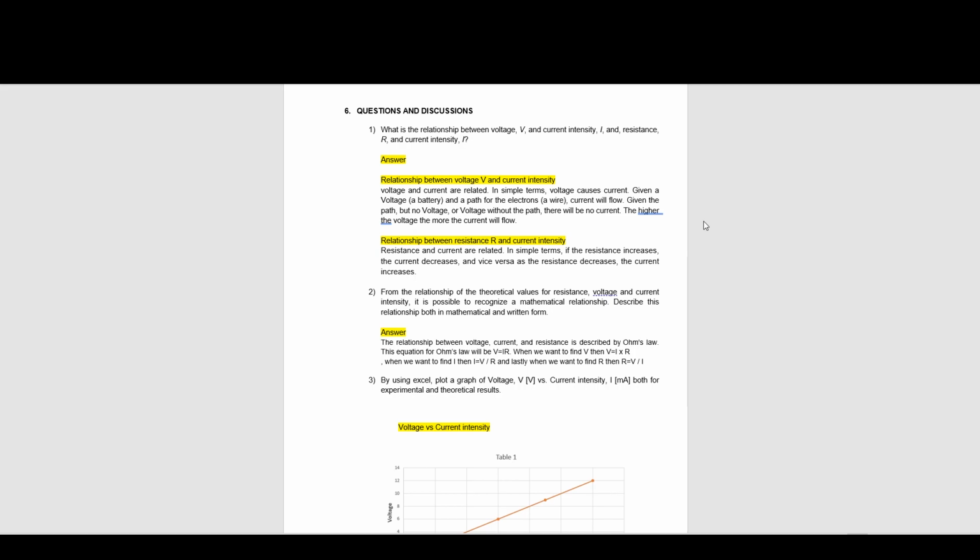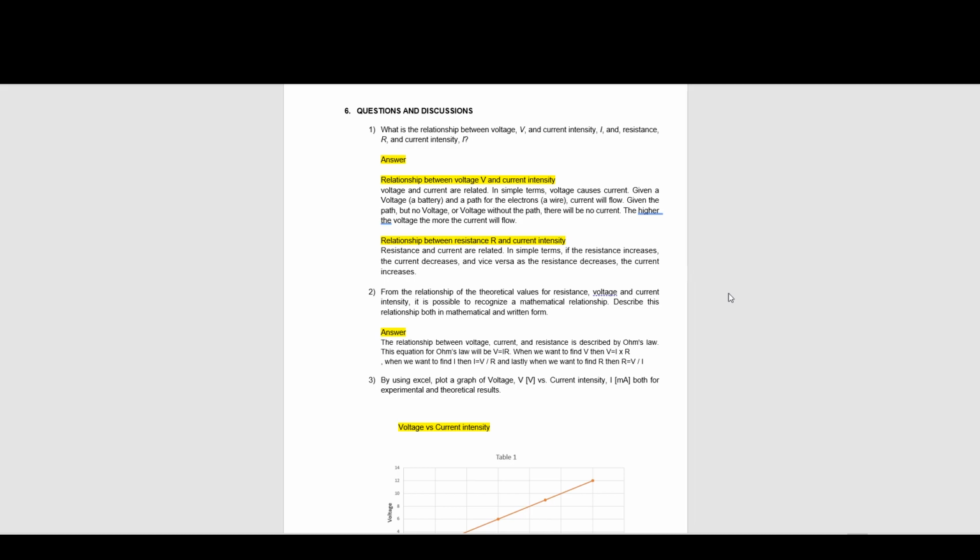For resistance and current: if the resistance increases, the current decreases, and vice versa, as the resistance decreases, the current increases.